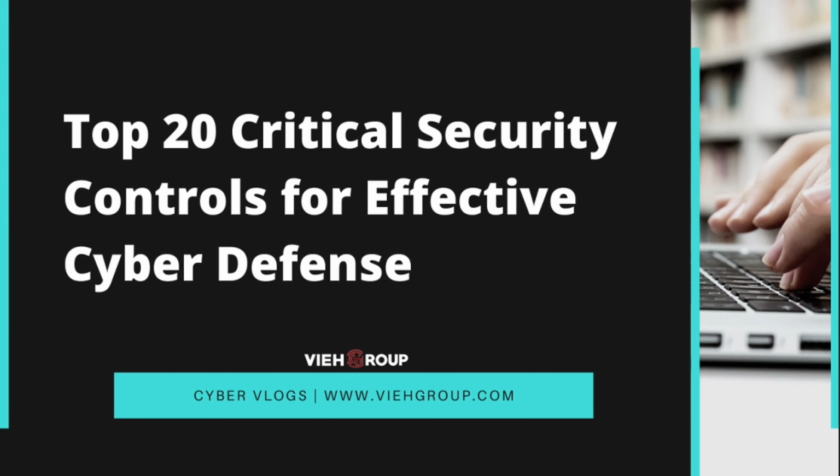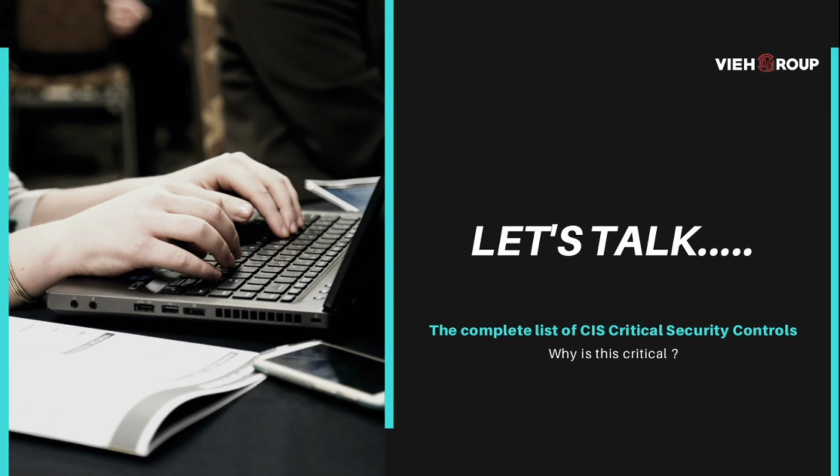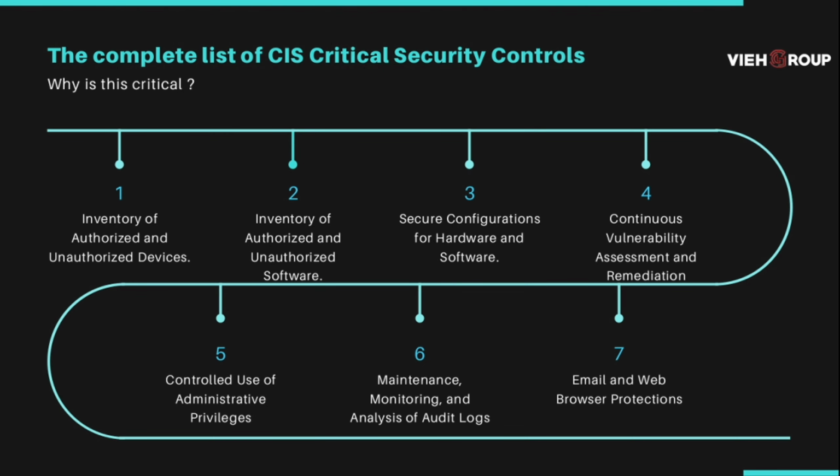The complete list of CIS critical security controls which we are going to show you will be the 6.1 version. The CIS CSC is the set of 20 controls, something called the SANS top 20, designed to help organizations safeguard their systems and data from known attack vectors.